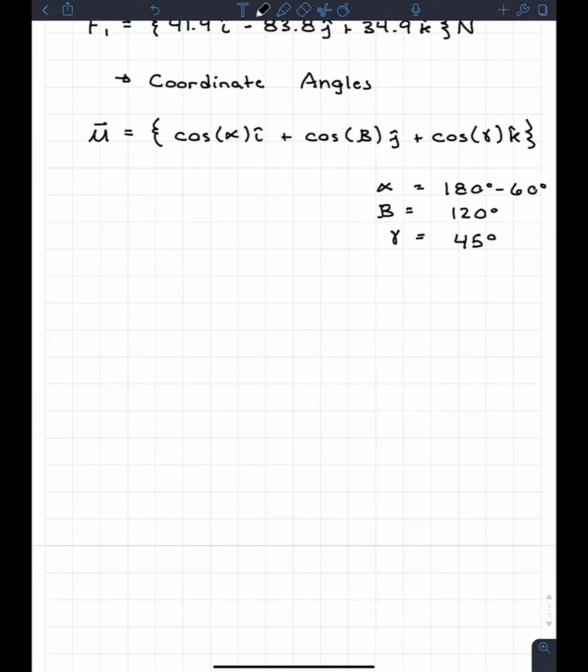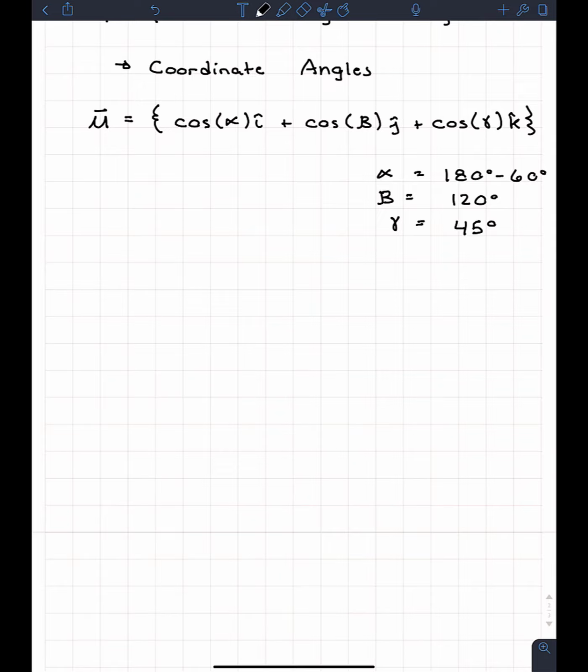But since we know the angles, we know the formula, we know the unit vector, and it doesn't go from point to point, so I'm just going to put 2, because it has to do with force number 2, is equal to negative 0.5i minus 0.5 in the j, and those values just come from cosine of 120 degrees, and then plus 0.707 in the k.